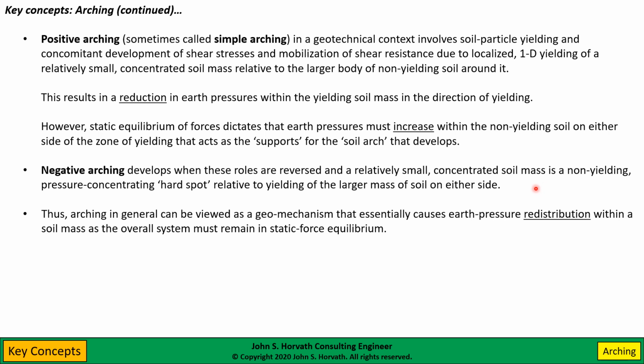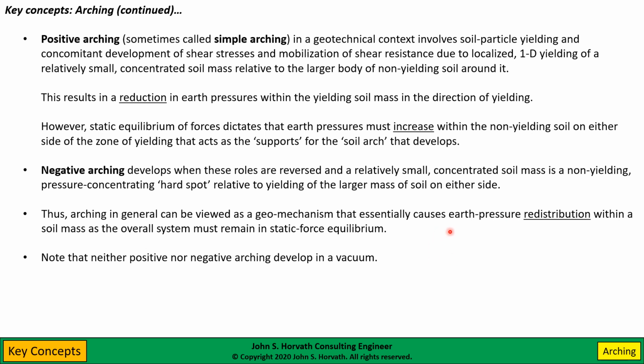So really, whether positive or negative arching, in a geotechnical context as a geomechanism, it really is an earth pressure redistribution mechanism. Because again, if you decrease or increase the pressure somewhere, that has to be balanced by an increase or decrease somewhere else. Things have to balance out. So although the load doesn't go away, it redistributes, and certainly that can be beneficial. We simply use that redistribution to our benefit.